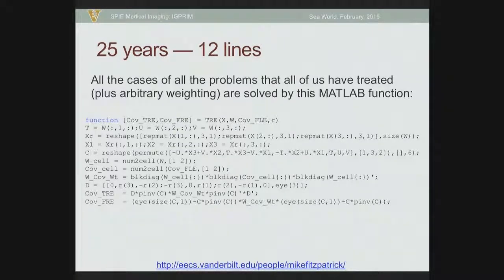I don't think so. A lot of very, very complicated problems have relatively simple solutions when you finally get there. This is just moving the furniture around. The only real algorithm, only numerical stuff is a pseudo-inverse there, and there. And this, by the way, does TRE and FRE. So there we are, scoring at the buzzer, Vanderbilt, America.